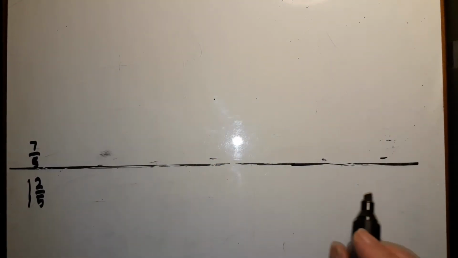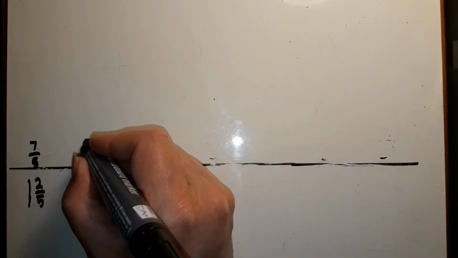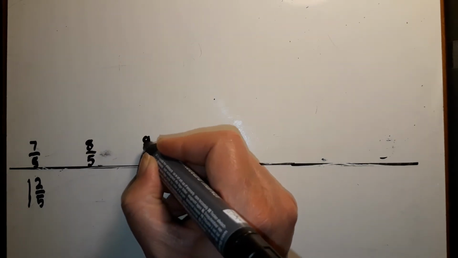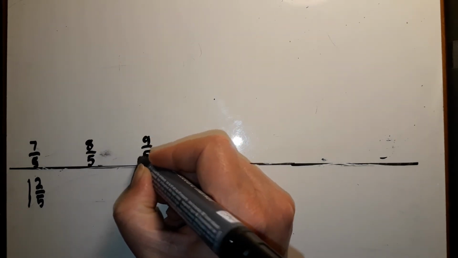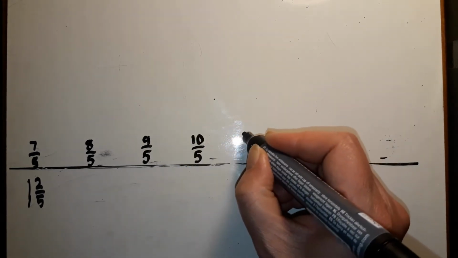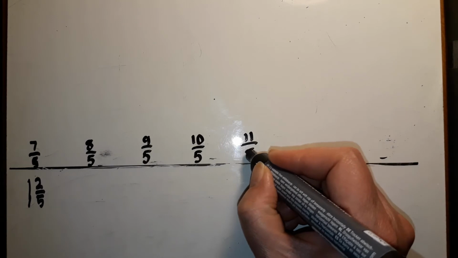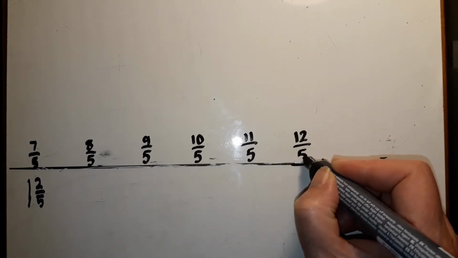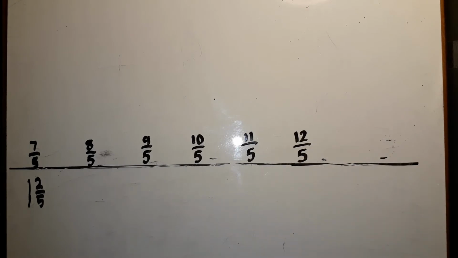So I've had to begin from where we were. We were at 7 fifths and 1 and 2 fifths. So we're going to go 8 fifths, 9 fifths, 10 fifths, 11 fifths, 12 fifths in our improper fraction.